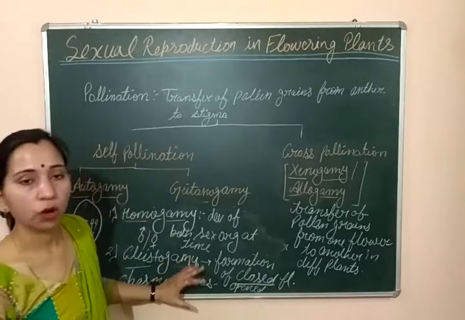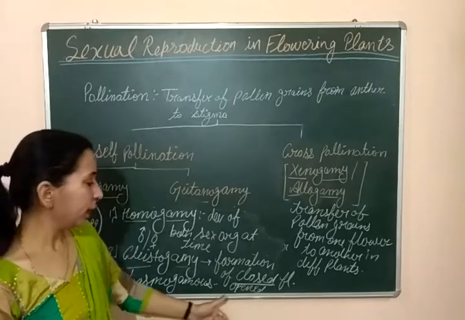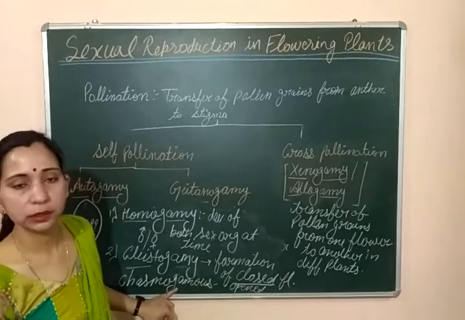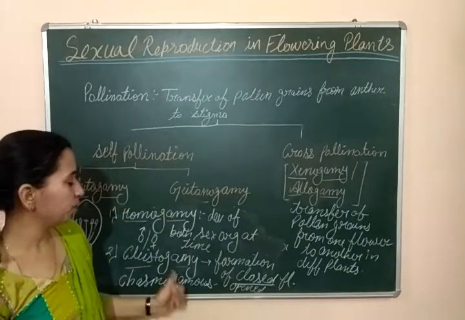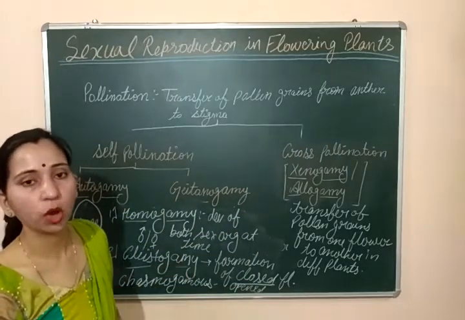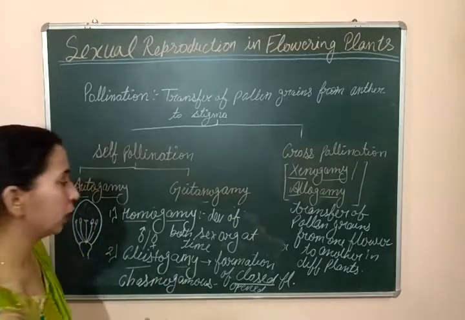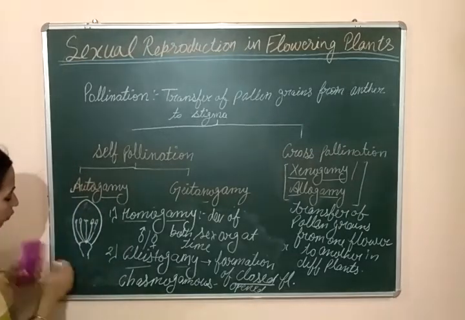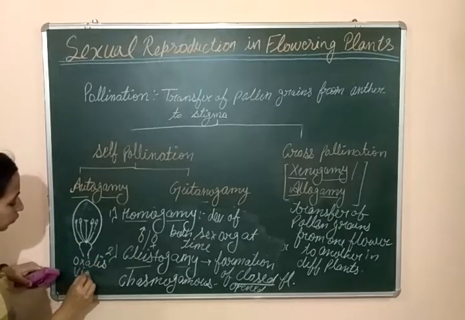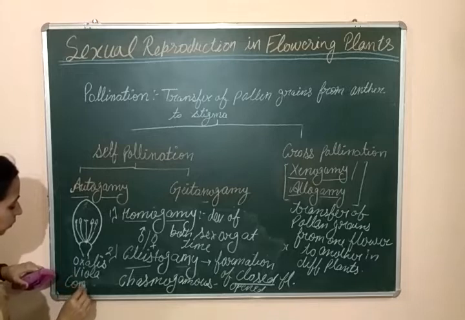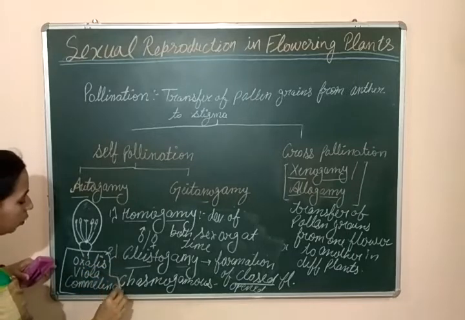Some plants form both types of flowers, cleistogamous as well as chasmogamous. The chasmogamous flowers are responsible for cross-pollination, but cleistogamous flowers assure self-pollination. Examples of plants in which both types of flowers are formed are oxalis, viola, and commelina.